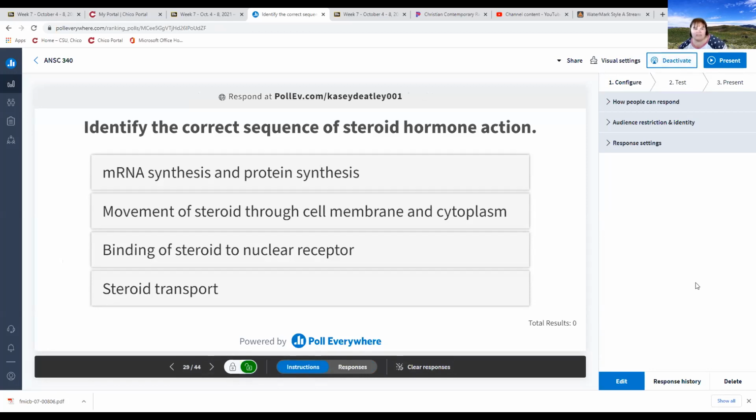So next question, identify the correct sequence of steroid hormone action. And I'm going to give you guys a minute here, because it's a little bit of a bigger question. So the correct sequence of steroid hormone action. These are your 4 choices. You get to rank them, or you should be able to rank them.